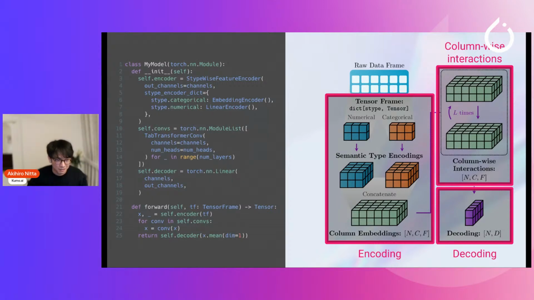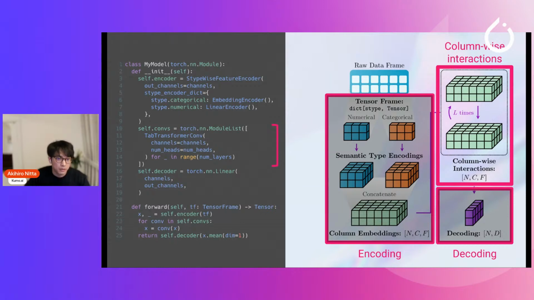So this is the code. It's super easy. There are 3 parts, as I mentioned, and one part is the encoding part. You can specify what semantic types you have in your data, in your table, and which encoders to use for those columns. And the second part, in documentation, we call convolutions.